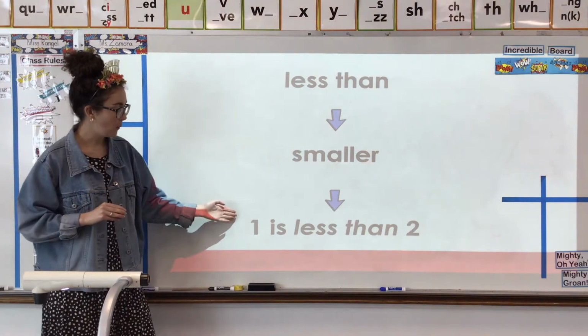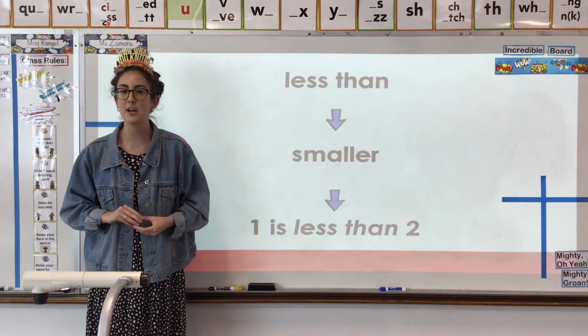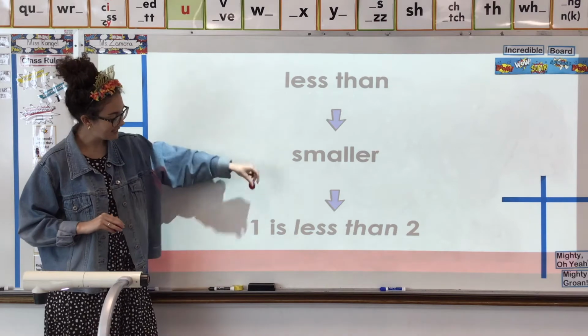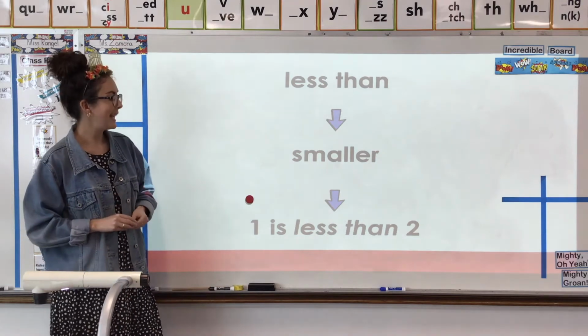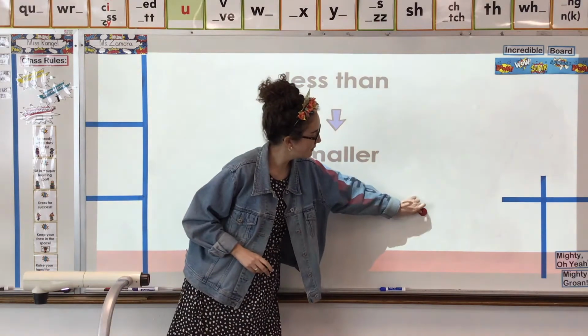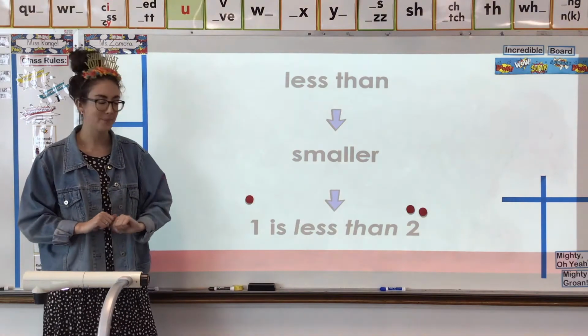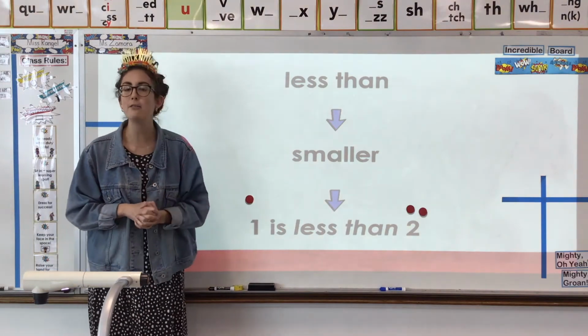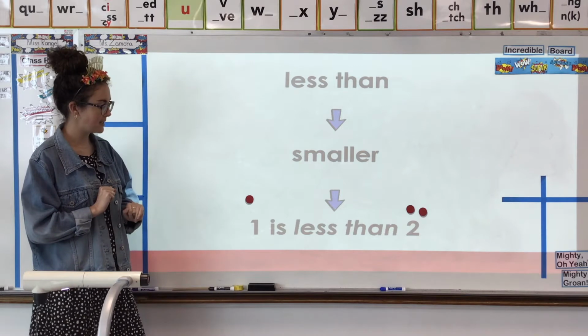So second grade, we've got a math sentence down here, a number sentence. It says 1 is less than 2. And I showed the value of each digit with our red dots.